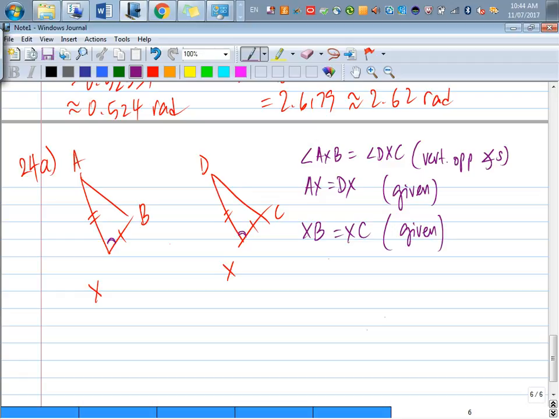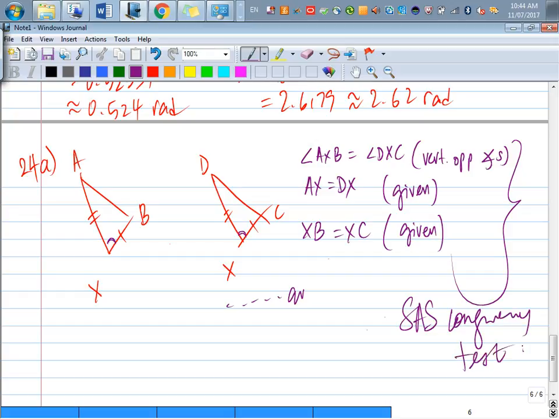So now, triangles ABX and DCX are congruent, and we have just used the SAS congruency test. Okay? So part B and part C, generally okay.